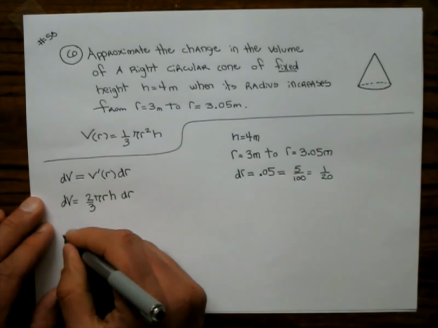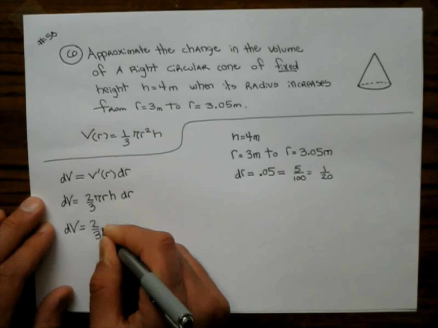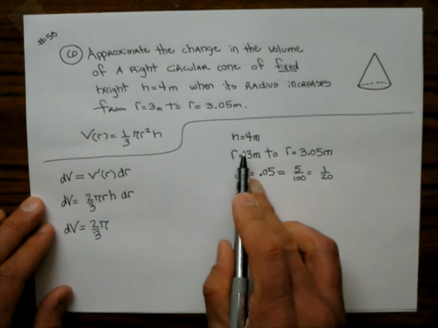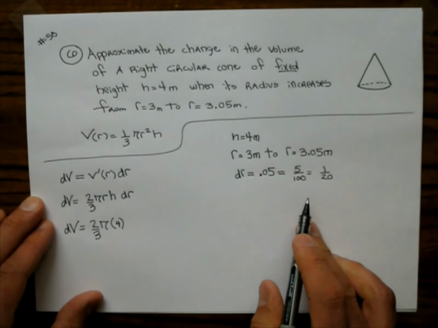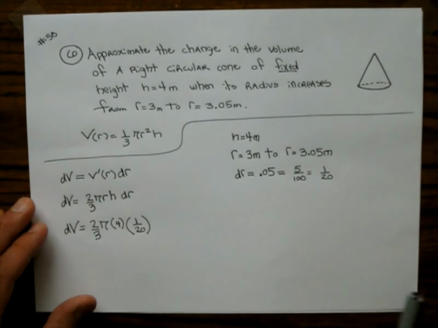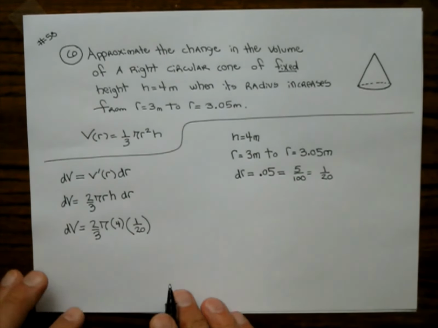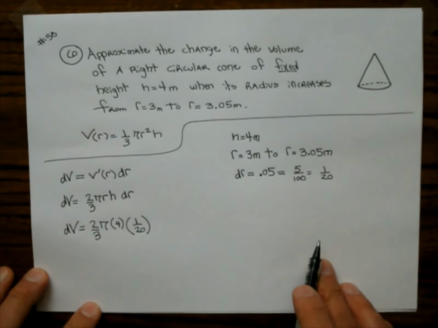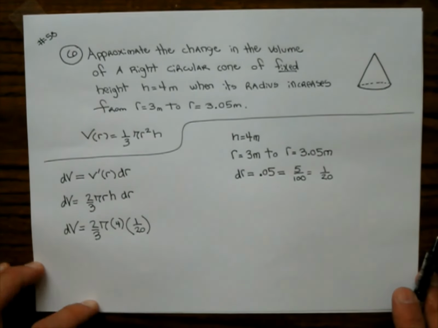Let's go ahead and plug some values in. dv equals 2/3 pi, h is 4, and dr is 1 over 20. Okay, so actually, I forgot r. How embarrassing.